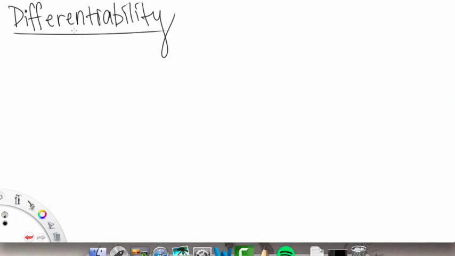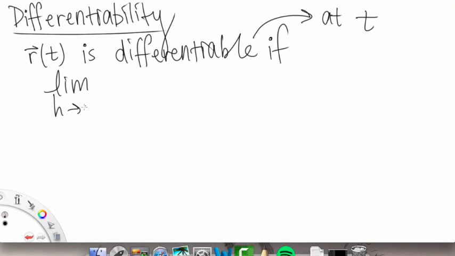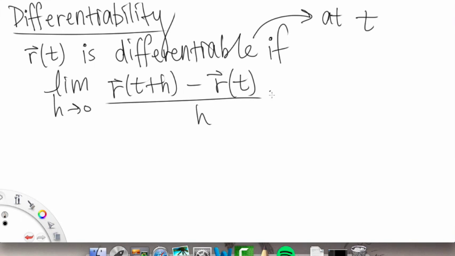Our vector-valued function r of t is differentiable at t if the limit as h goes to 0 of r of t plus h minus r of t, over h, exists. This is the definition of differentiability if this limit exists.